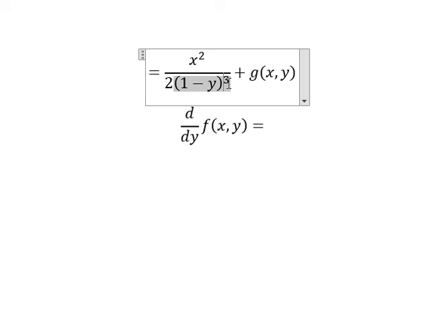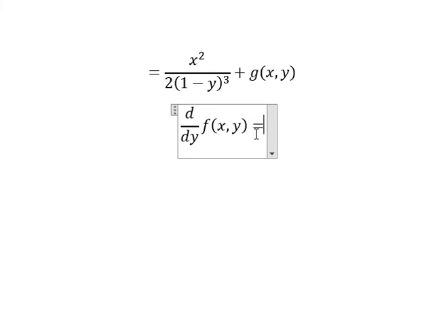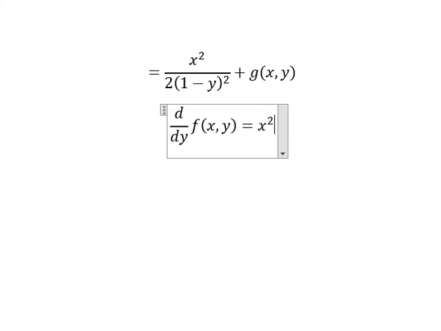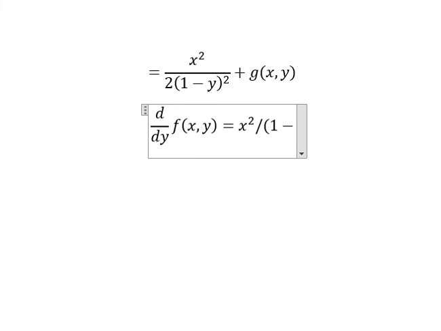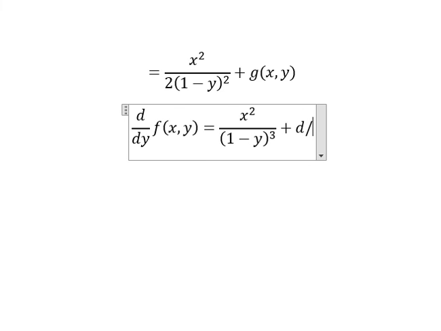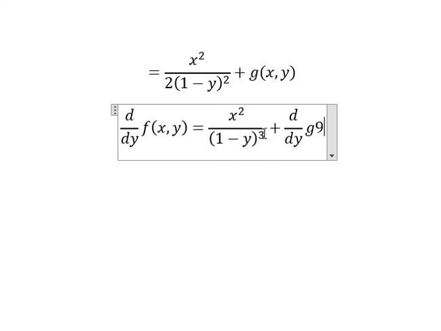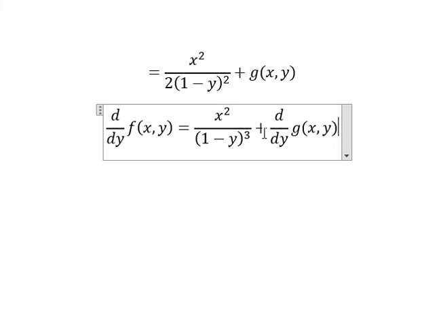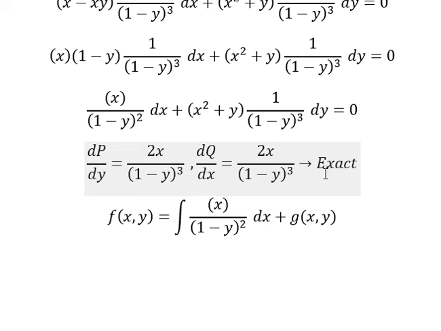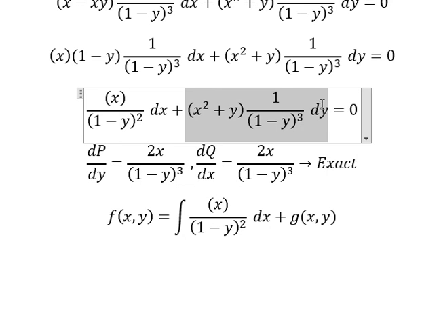So we just have this one in here. First, the derivative of this one. This is number 2, not number 3. So we will have s squared over 1 minus y to the power of 3 plus d over dy 3sy. And we know that this one is equal to this one.